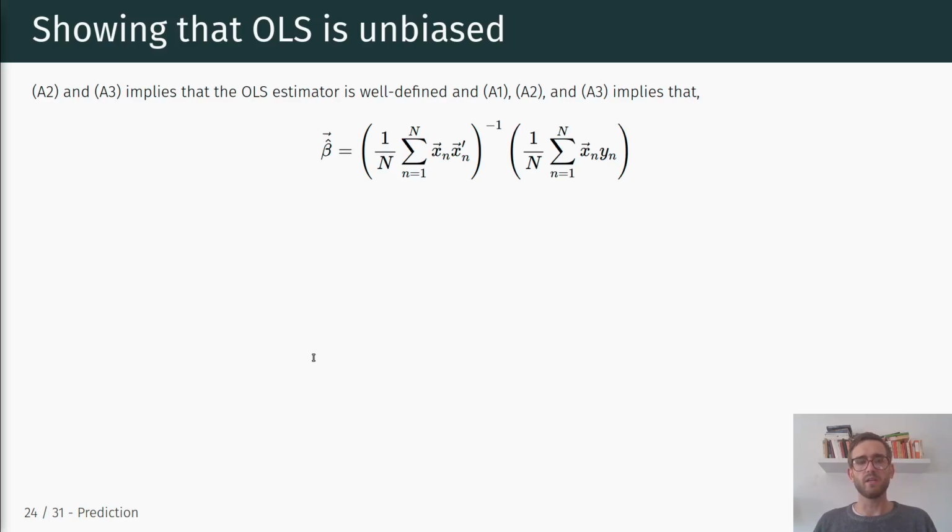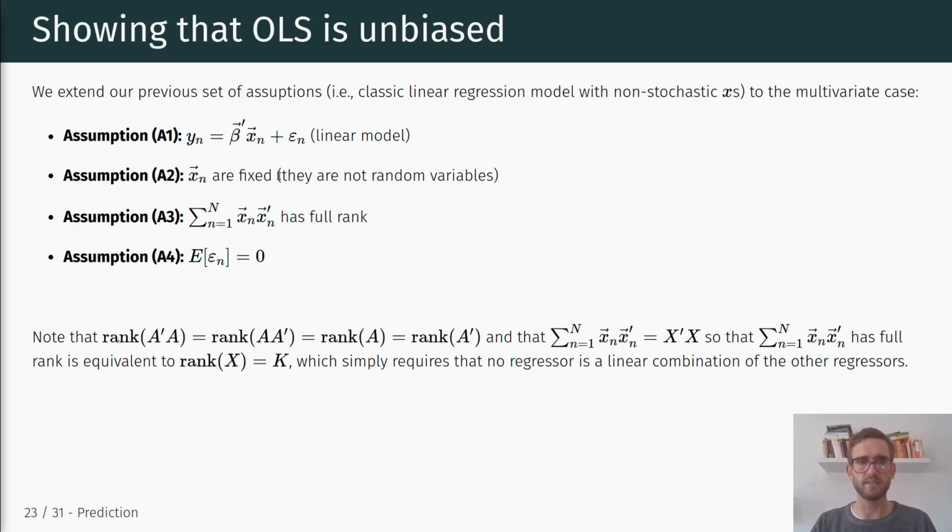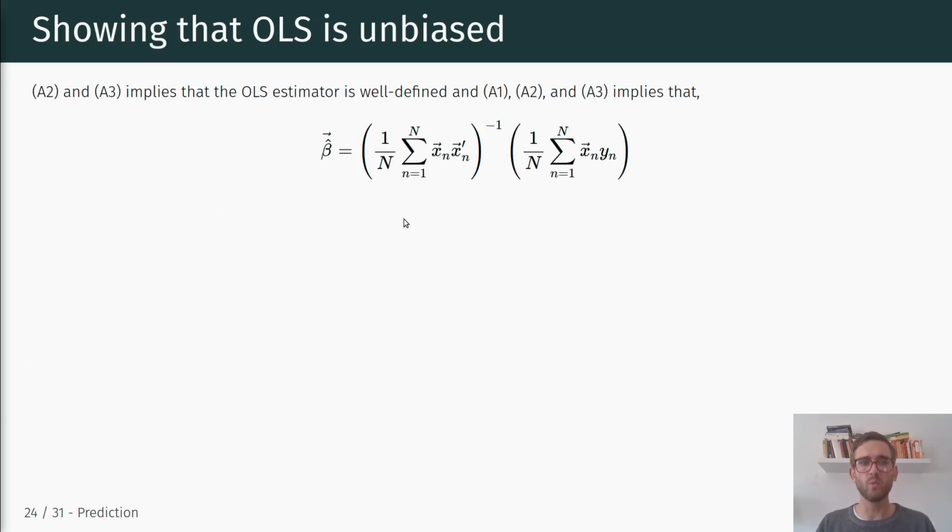All right, so starting with the second and the third assumption, which again is the x's are fixed and xn prime having full rank, we can write the OLS estimator as x prime x inverse x prime y, here using the vector notation.